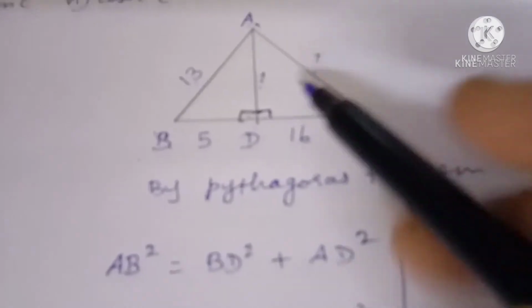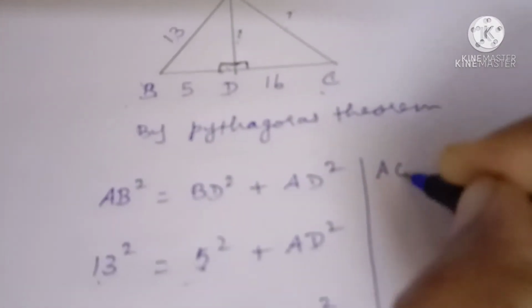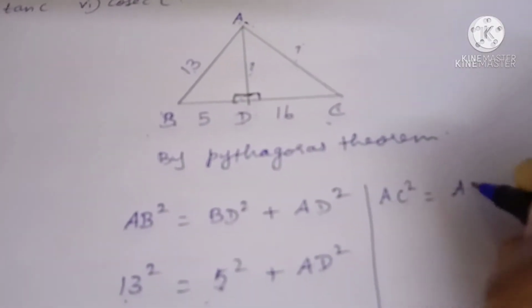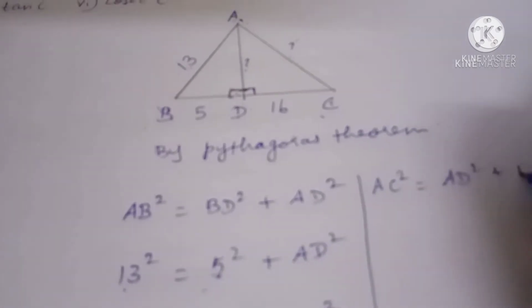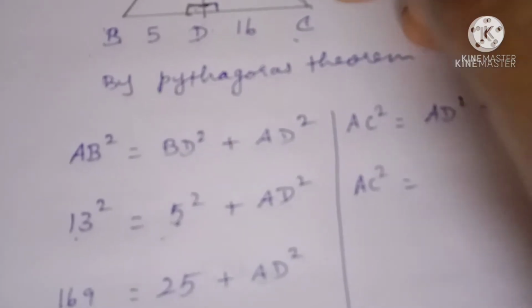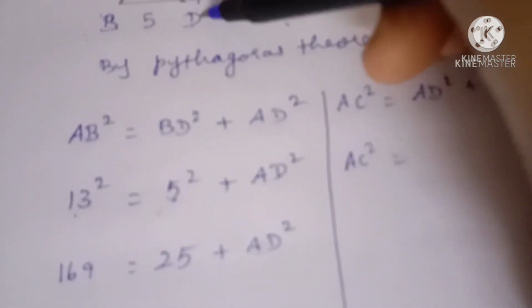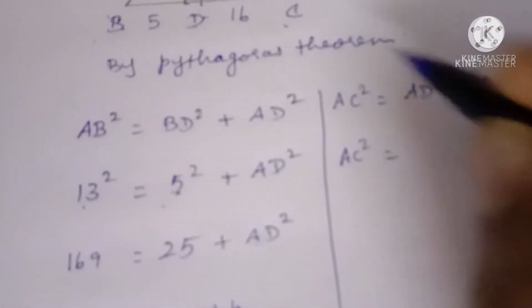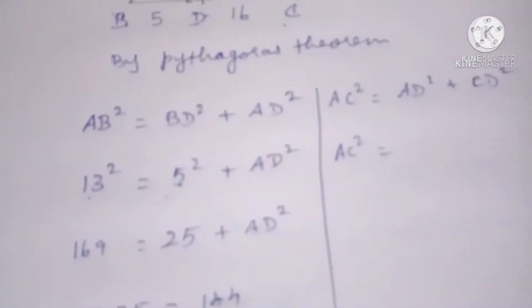Therefore, you know the Pythagoras theorem: the square of the hypotenuse is equal to the sum of the squares of the other two sides. We don't know AC square. So AC square is equal to AD square, and AD square is what we got, 12.